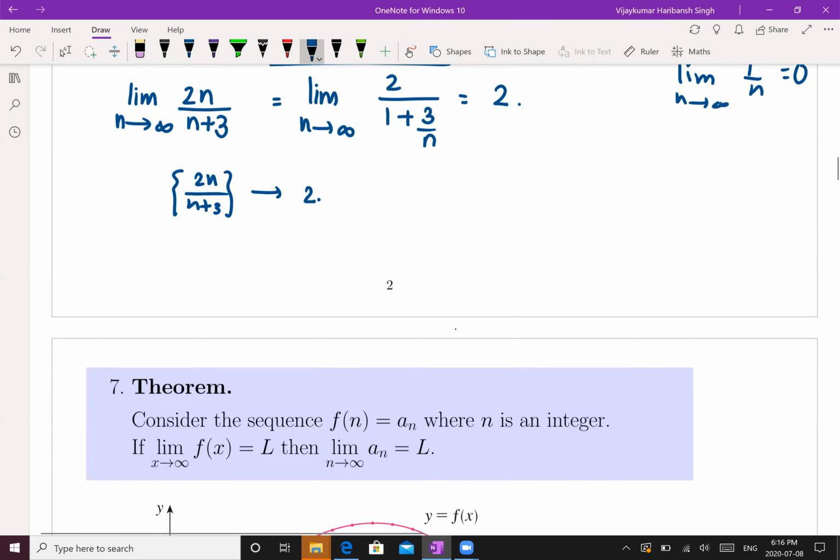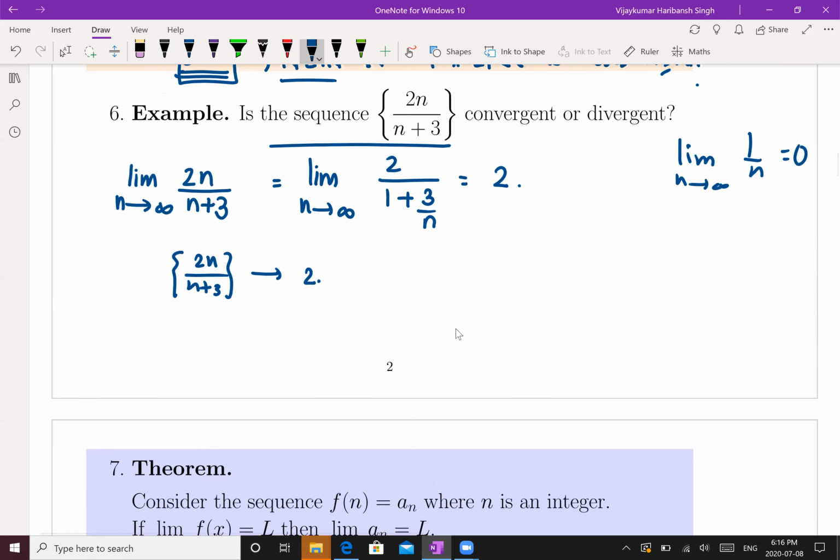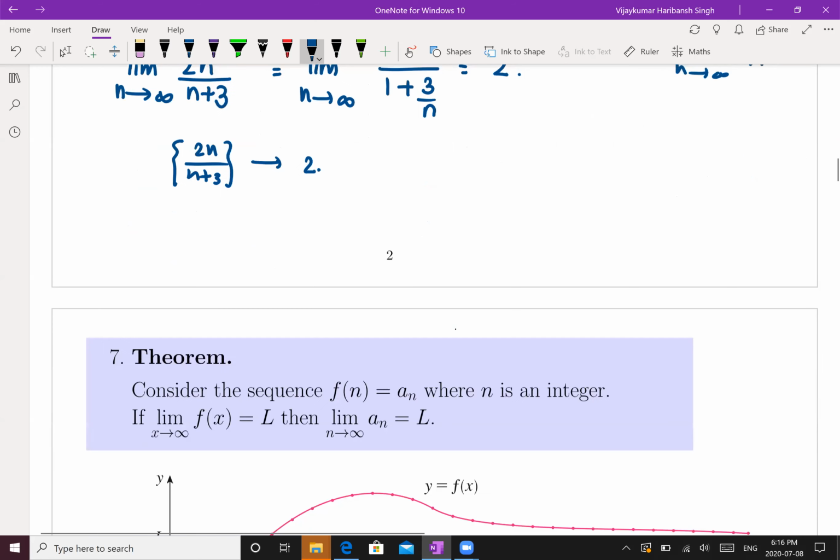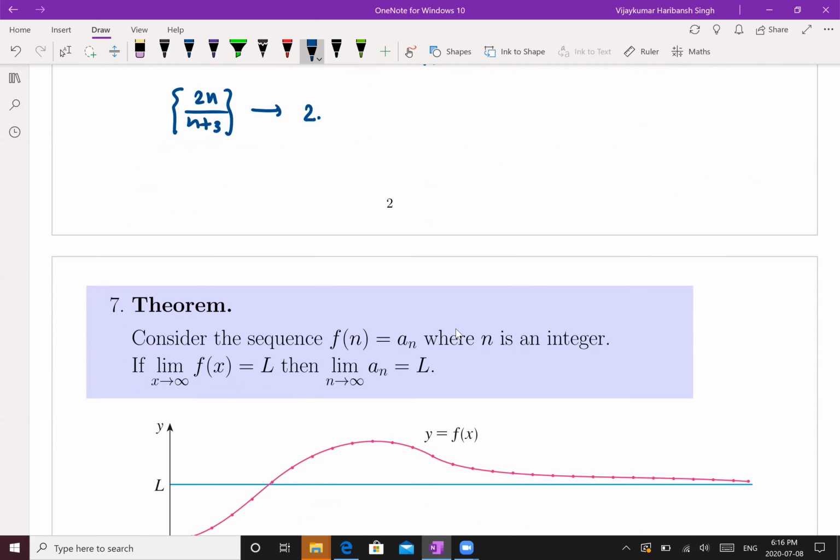So you notice that you're taking the limit which you did in calculus 1. You can think about it in the following way. Consider a sequence where f(n) equals a_n. So your sequence is given by some function, and you put in n values to get a_n, where n is an integer.